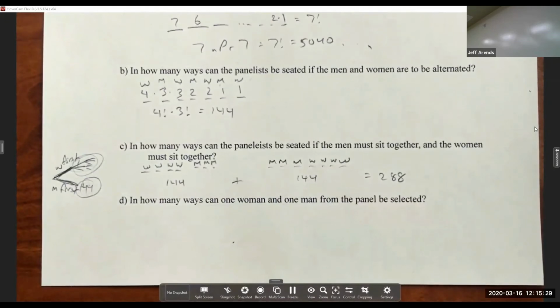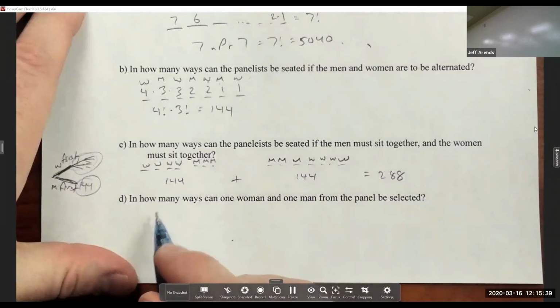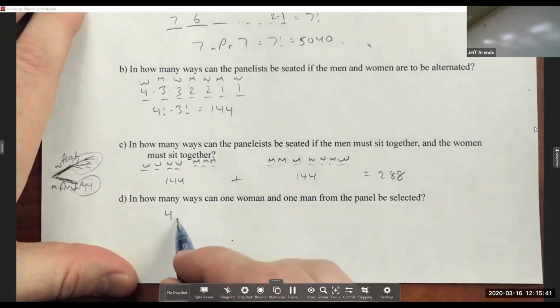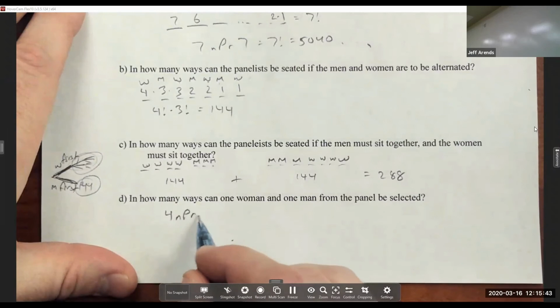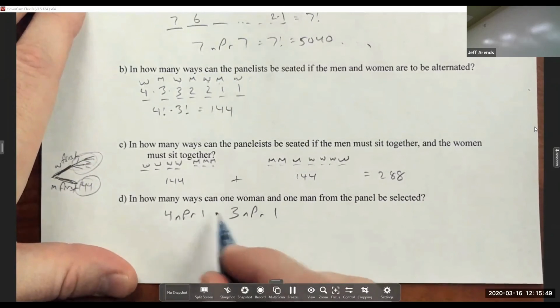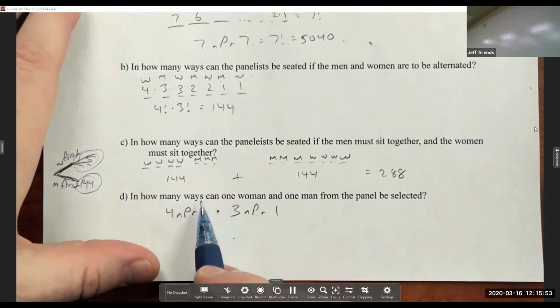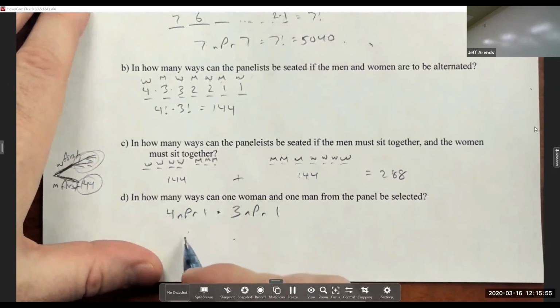All right, and how many ways can 1 woman and 1 man from the panel be selected? Well, in this case, we're just picking 1 of each. So from the 4 women, we're picking 1. And from the 3 men, we're picking 1. In this case, we would multiply these, because maybe I'm overcomplicating this by saying these are permutations.